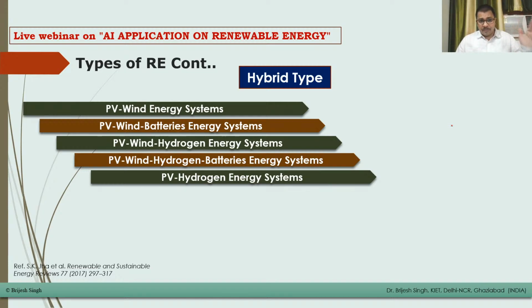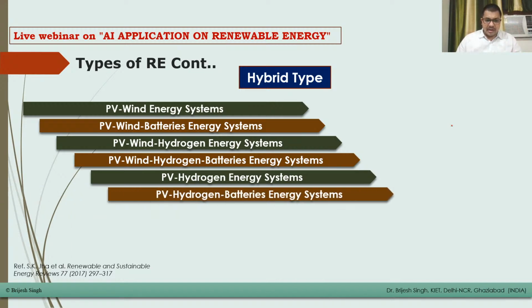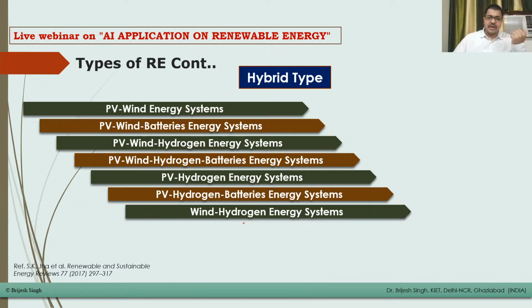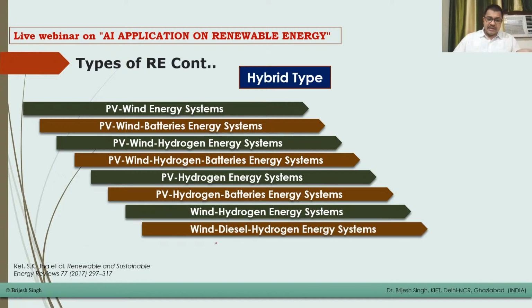Similarly, PV with hydrogen energy, and you can also add a battery energy system as a backup for storage. Then wind and hydrogen systems can be added to each other. And here a wind diesel hydro energy system, where wind turbines are connected with the diesel and hydro energy system.